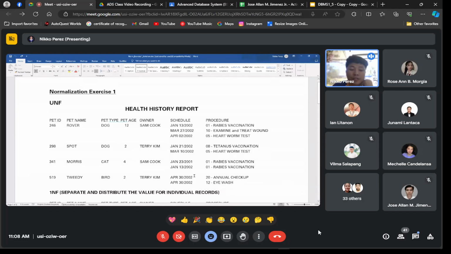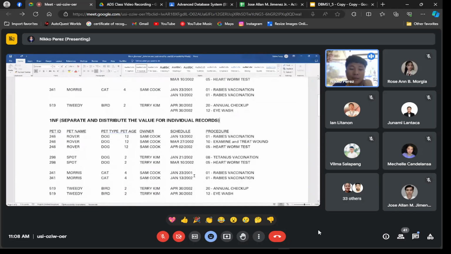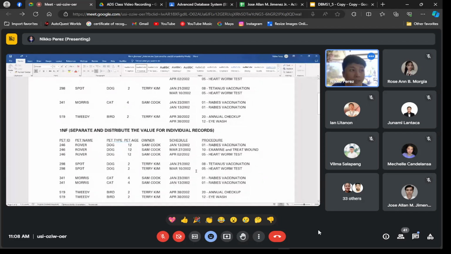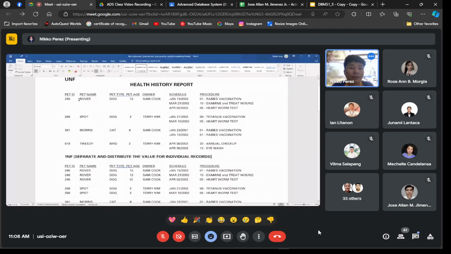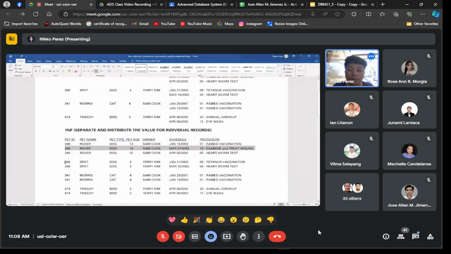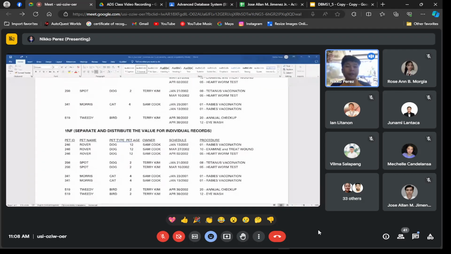So what will we do in first normal form? We have to distribute our values. Instead of the three schedules and procedures in one record, we distributed them so that every record is complete. So that is for our first normal form. Is the first normal form understood? Okay, next is second normal form. So the goal of first normal form is: distribute it.